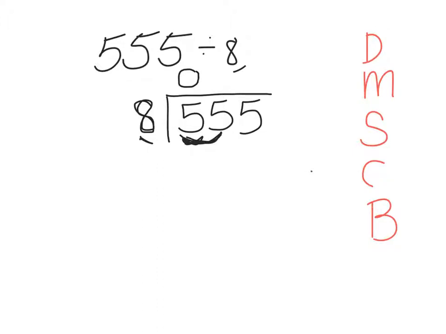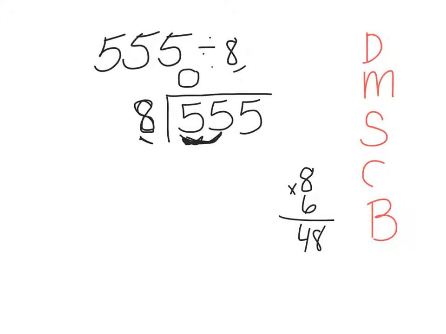So off to the side, this is the part that you might get frustrated with because it's some guessing, and that is completely normal in division. It's okay to do some guessing for multiplication and division. Let's use our facts. 8 times 5 is 40. 8 times 7 is 56, which is too big. We can only go to 55. So let's try 6. We know that 8 times 6 is 48.